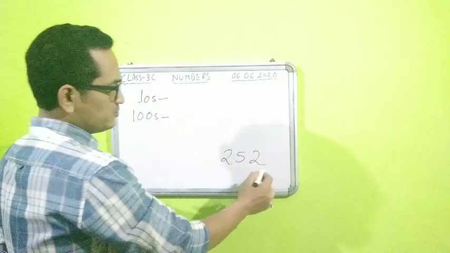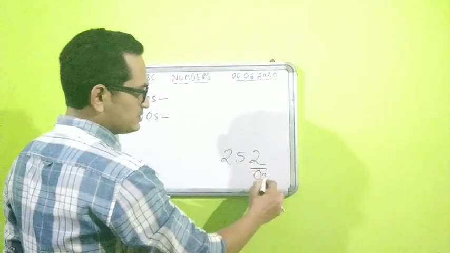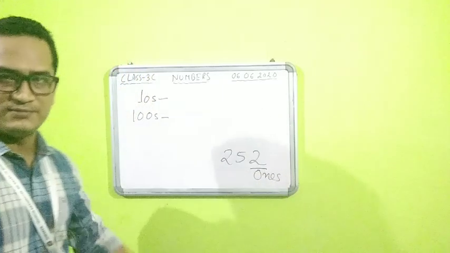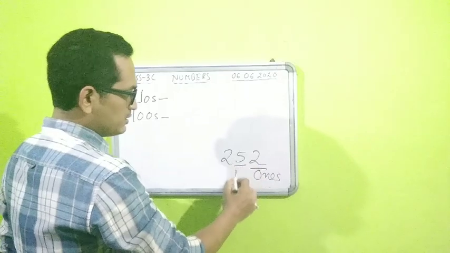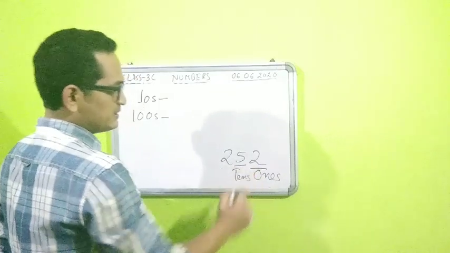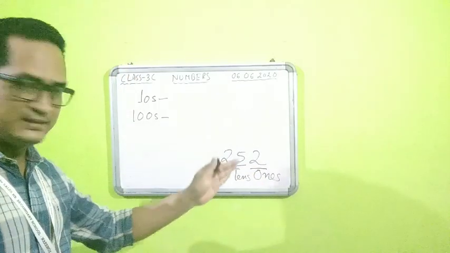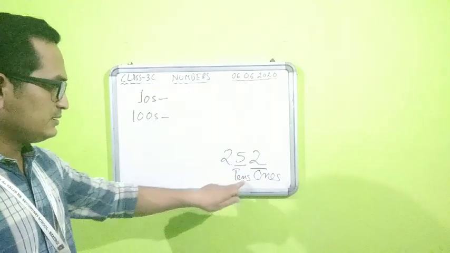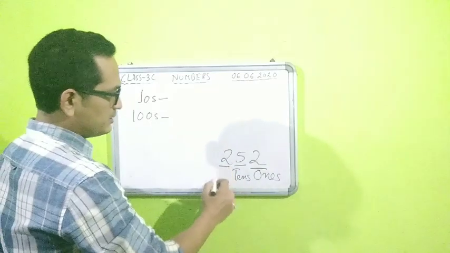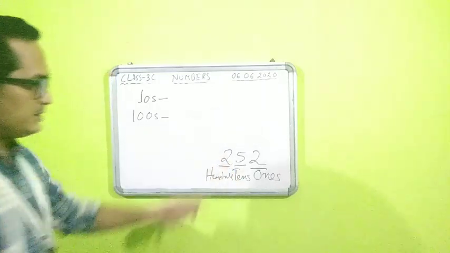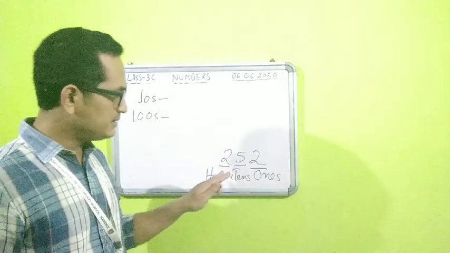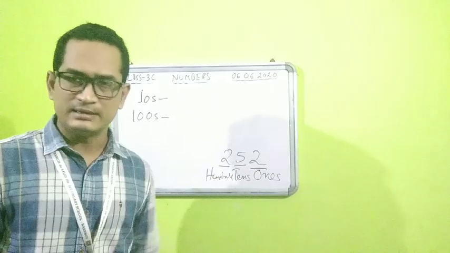The first place from the right hand side we call the ones place. The second place, the second digit from the right, is the tens place. And the third one we call the hundreds place. Fine. So till this we already got till last year.